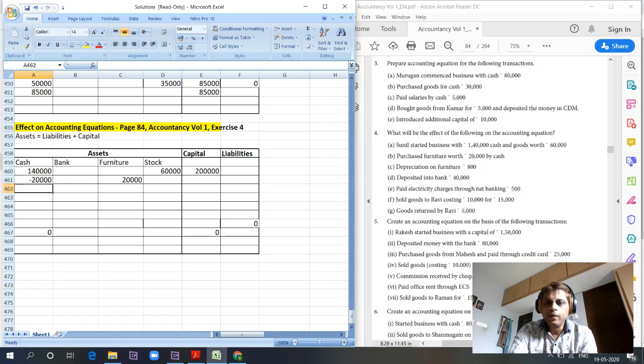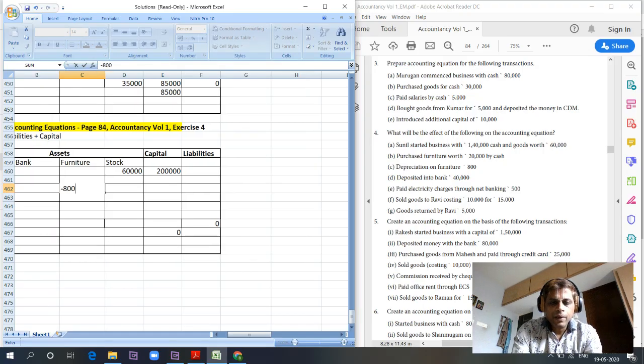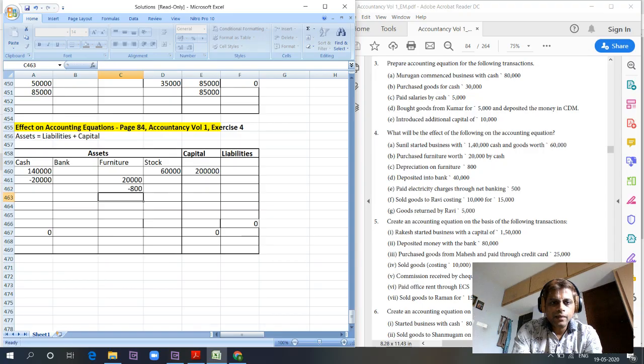This is depreciation on furniture. Depreciation on furniture will have an impact on the asset value. So asset value will come down, because depreciation will reduce the cost of the asset, and it will also reduce the capital.